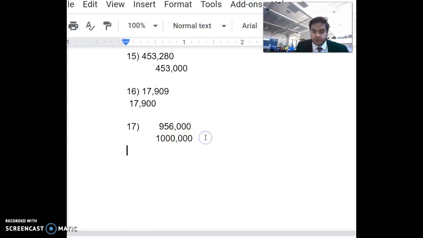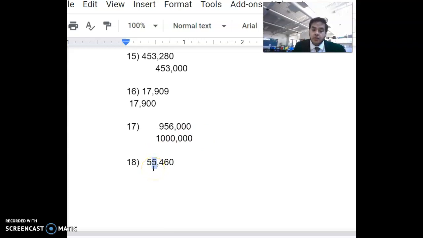All right. Last one for me helping you. The rest of them you're doing by yourself. Number 18 is 55,460 with the 5 underlined.